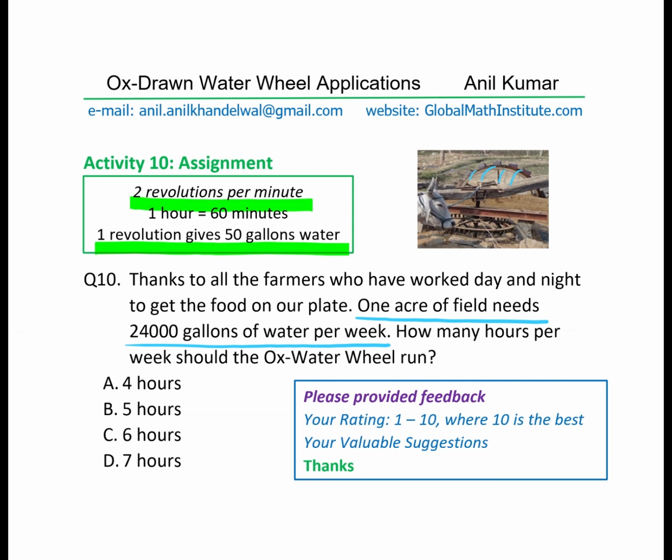Okay? How many hours per week should the ox water wheel run? So we need to now figure out that weekly, how many circles or revolutions should it go through? Assuming that there is 1 acre of field, right? So we are saying 1 acre of field needs 24,000 gallons of water. Gallons, right? Not liters. How many hours per week should the ox water wheel run?